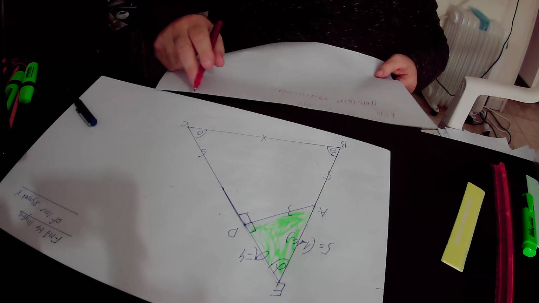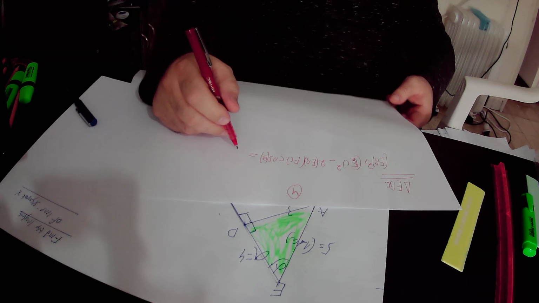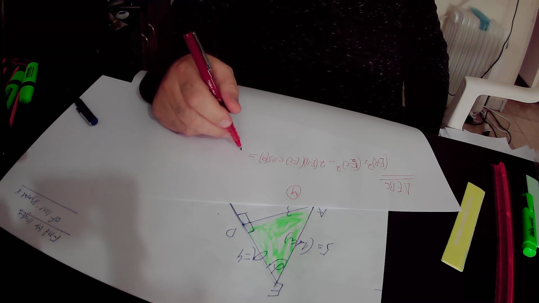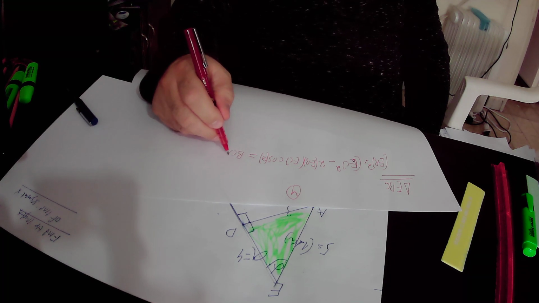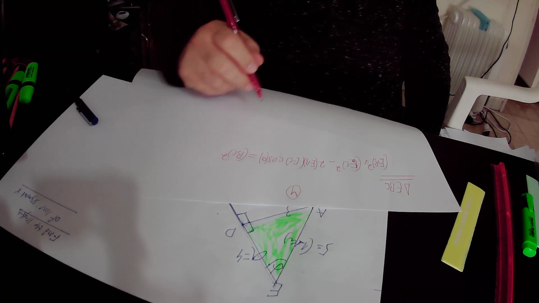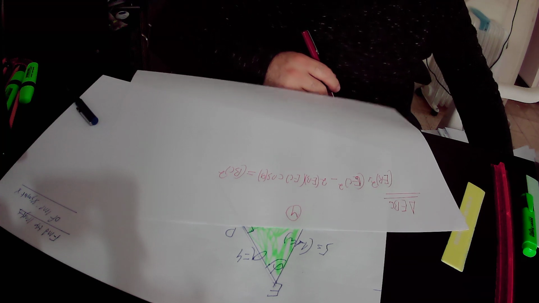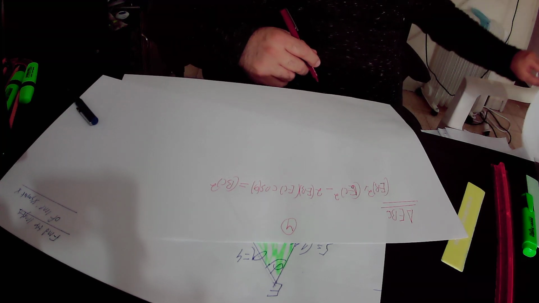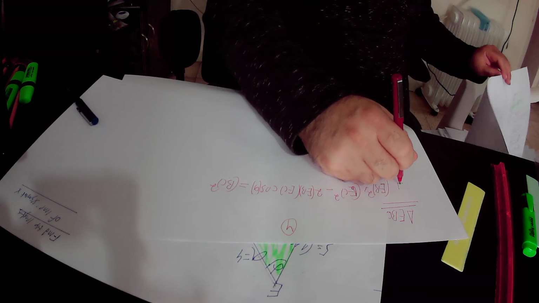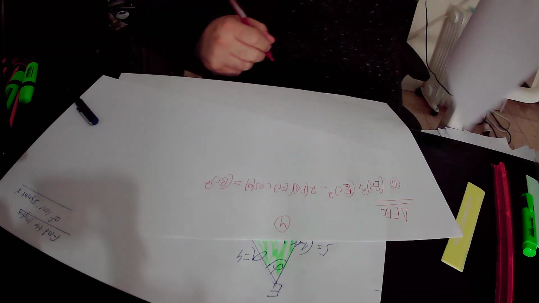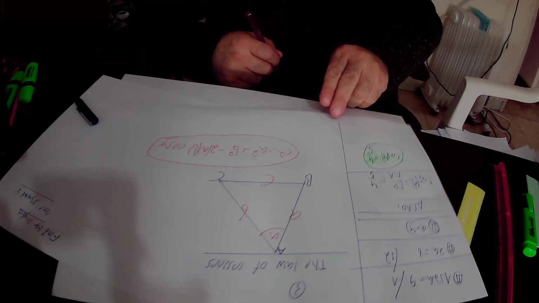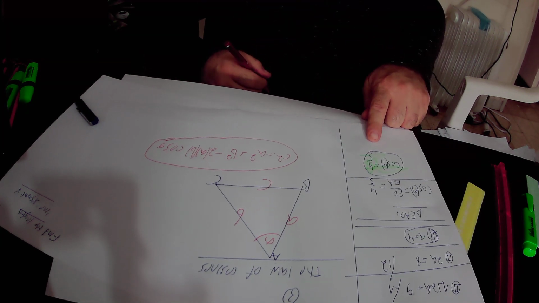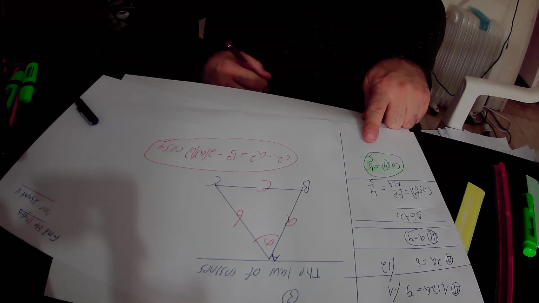must be equal, according to the law of cosines, to C squared. C is BC, so C squared is BC squared. So this will be equation number 3. I will remind you that cosine alpha equals 4 over 5.